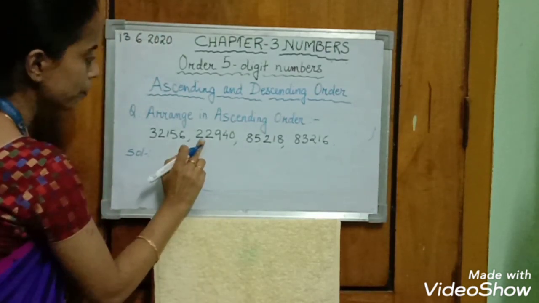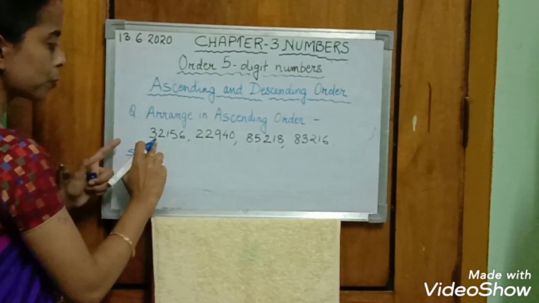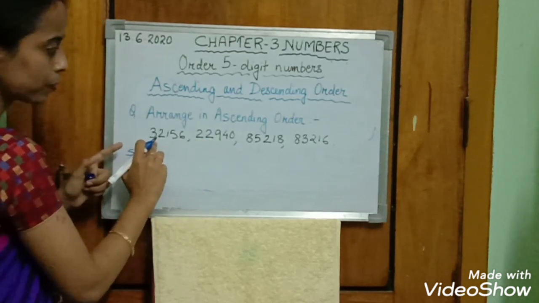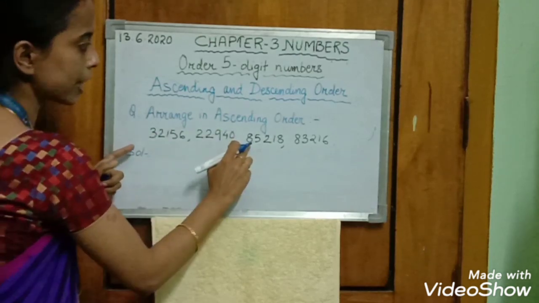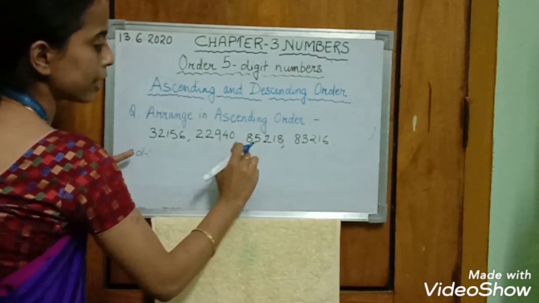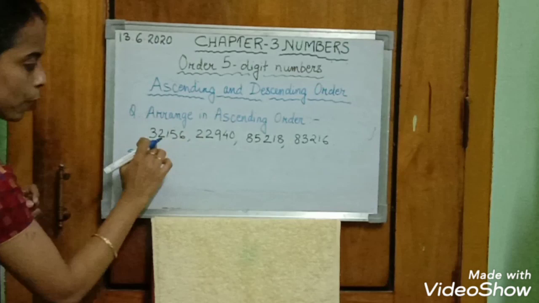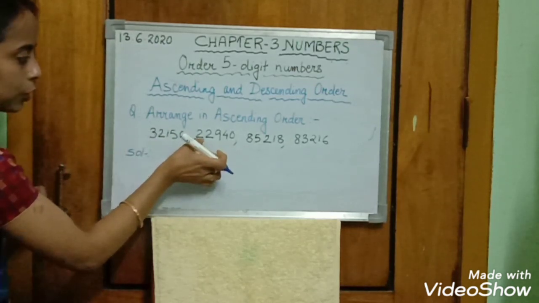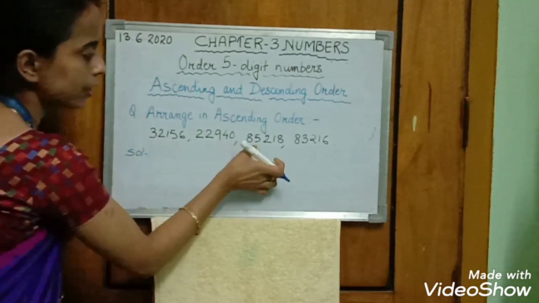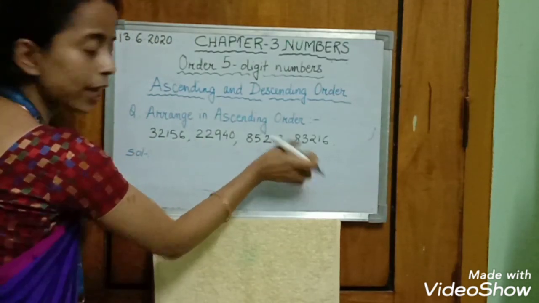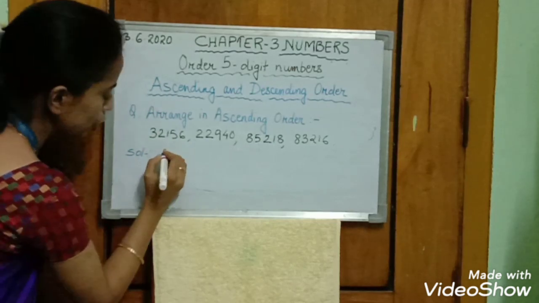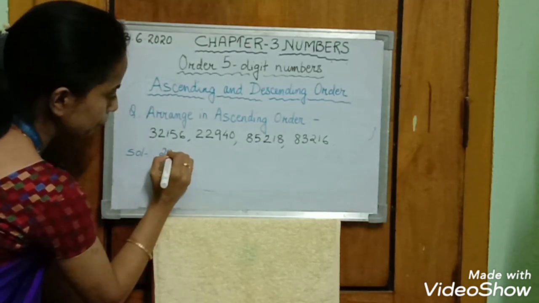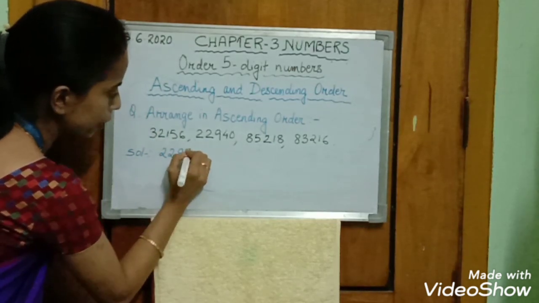As you can see here, 2 is smaller than 3, right? Then 3 is smaller than 8. Here, these two 10,000 places are the same. 2 is smaller than 3, and here we are just taking the 10,000 place. 2 is smaller than 3, 3 is smaller than this 8, right? So, which number will come first? 22,940.